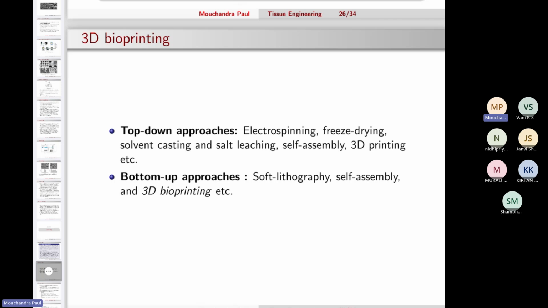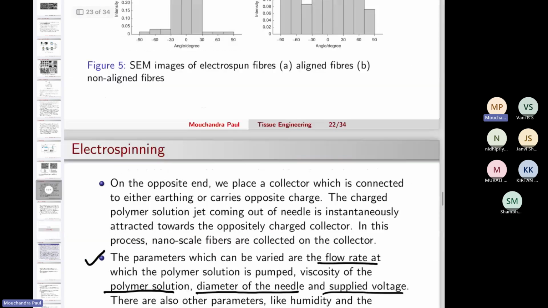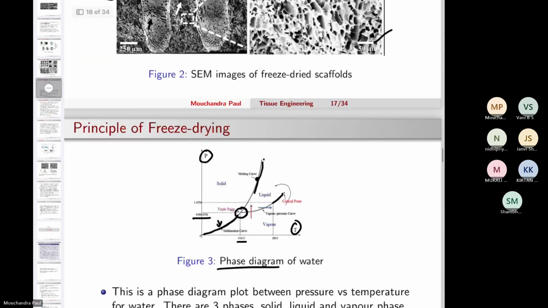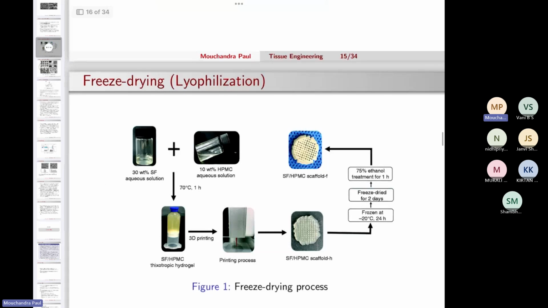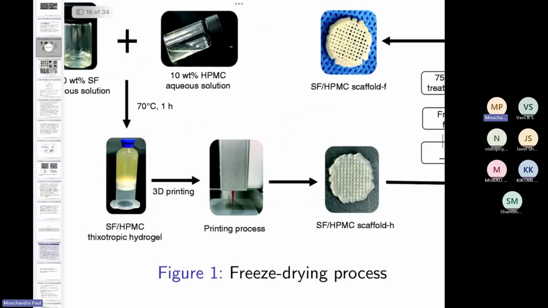Also, if you look at the technique called 3D printing only, where the cells are not used, only the material is deposited in a predefined 3D structure. There also we are making the 3D scaffold first, later on the cells are added. So if you remember the freeze drying example I gave, here in this work people are doing 3D printing.